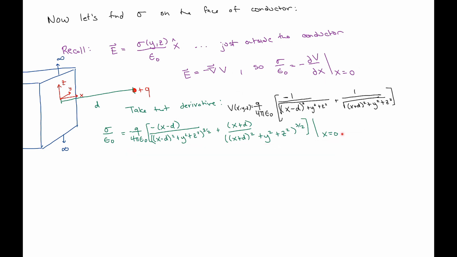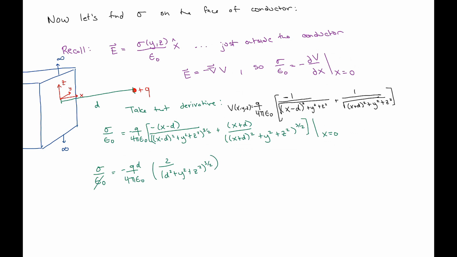So I can simplify this even more by setting x equal to 0 if I want to figure out what the potential is right at the sheet. When I do that, it simplifies quite a bit. I just get 2 up here. Down here I get d squared plus y squared plus z squared, all of that to the 3/2.